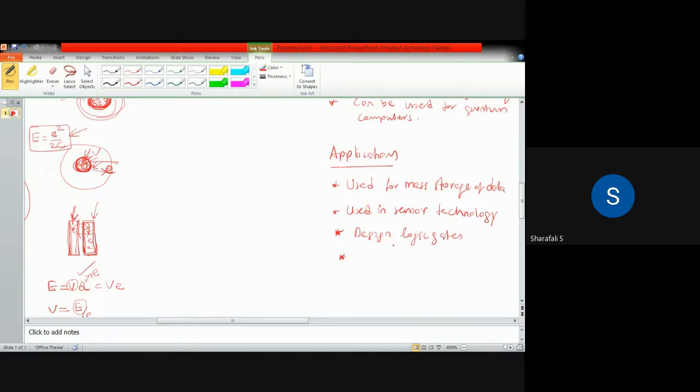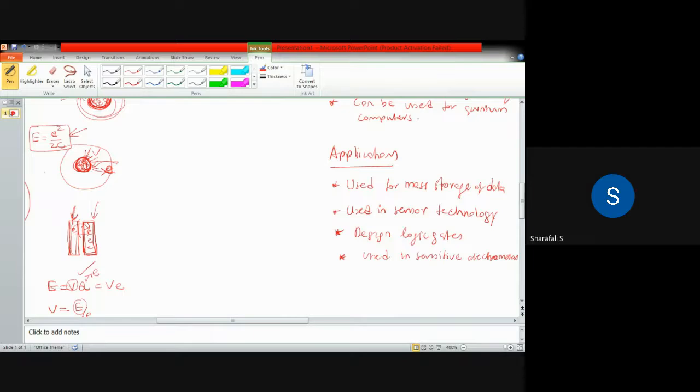Also, this can be used in very sensitive electrometers. So these are some of the applications.